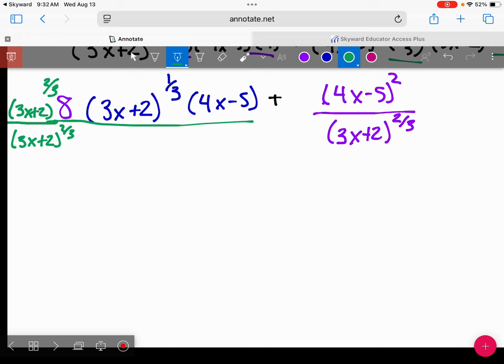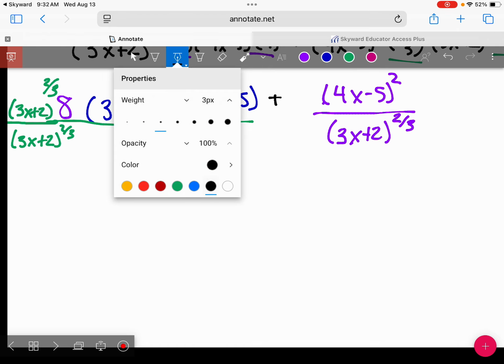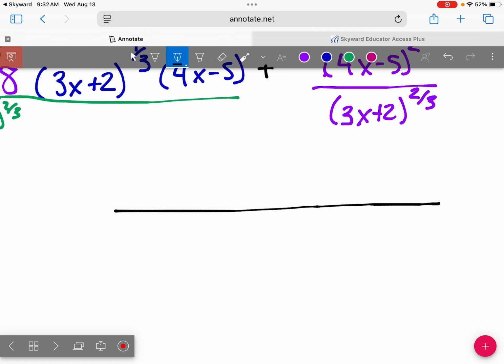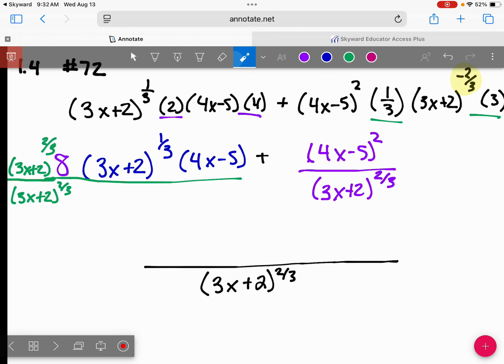Because now we can look at this and say, hey, they all have that same denominator, where we have our 3x plus 2 to the 2/3. Doable. That's the thing. In our left-hand numerator, we've got our 8, which is hanging out.